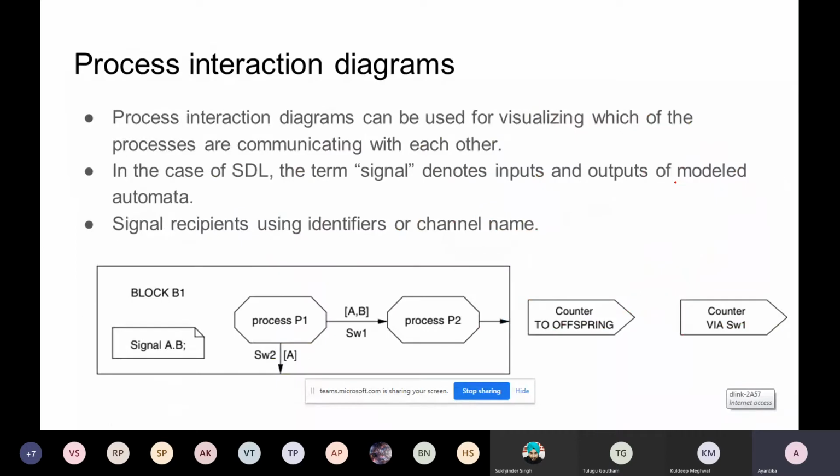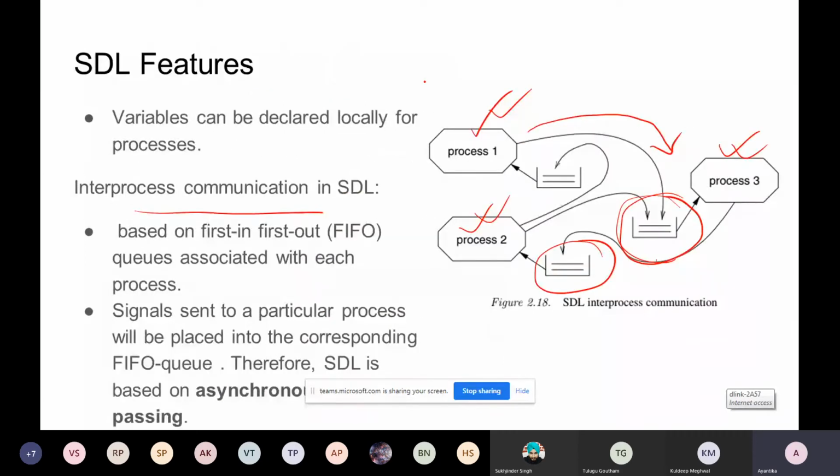So to implement this, what do you need? You need one process interaction diagram, because this diagram will give you the idea of which process will be communicating to whom, and what the intensity will be, or maybe the count of these interactions. Because that is the main limitation that will come in whenever you consider this FIFO-Q related feature.